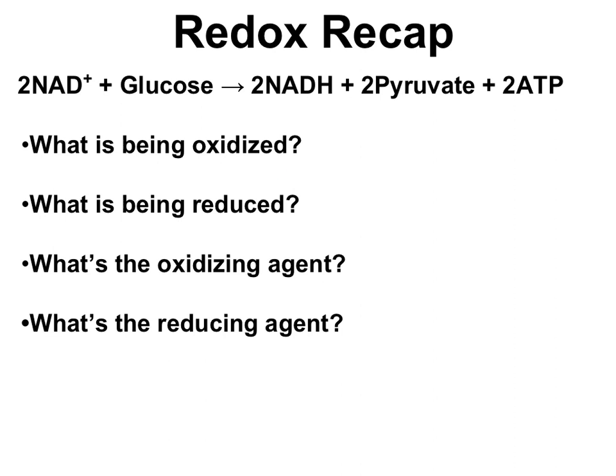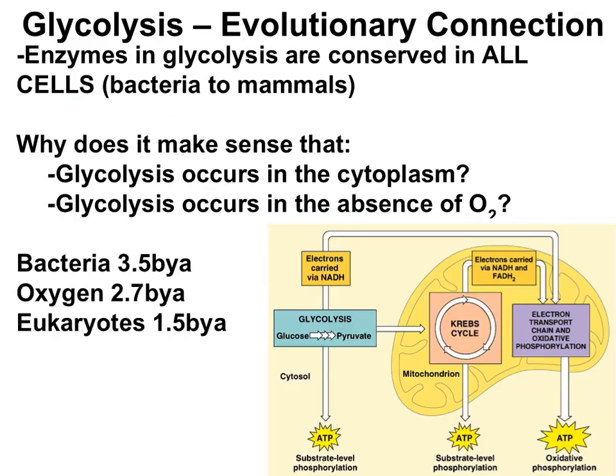What's losing electrons? Glucose. Reduction is gain. What gains those electrons from glucose? NAD gains the electrons. Remember, the oxidizing agent is the thing that's oxidizing glucose, which in this case is NAD. The reducing agent is the compound that's giving off electrons, that's reducing NAD, which in this case is glucose.